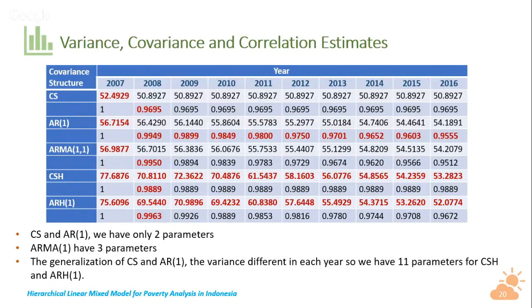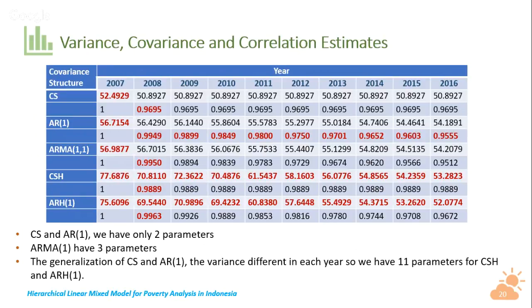And for the ARMA, we have three parameters, where the variance is 56.61 and the correlation is also 99%. For the generalizations of compound symmetry and first order autoregressive, we have 11 parameters for heterogeneous compound symmetry and also for heterogeneous first order autoregressive, where the variance and covariance for each time decrease.